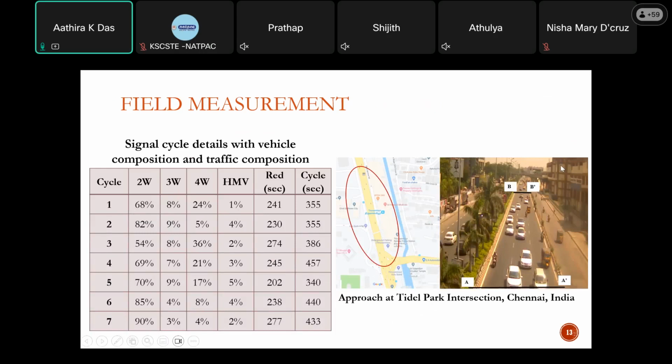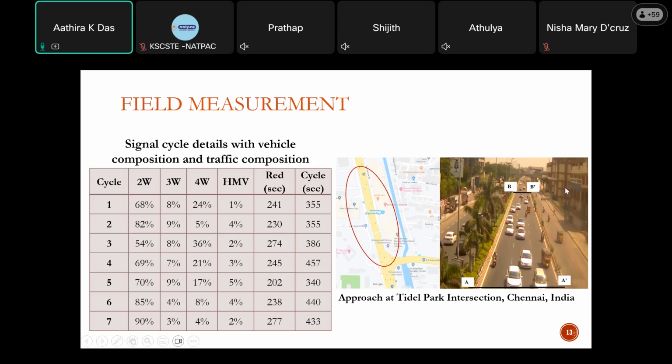So here I'm showing an example of a downstream section. This is a stop line and we have a signal here. And this is a downstream section that has been used for the field measurement of the parameters that are required in the link cost function.